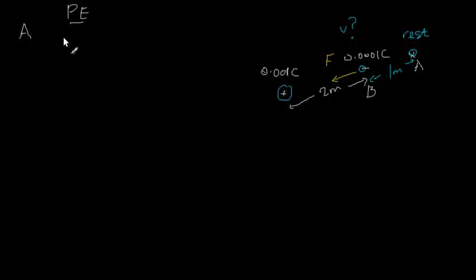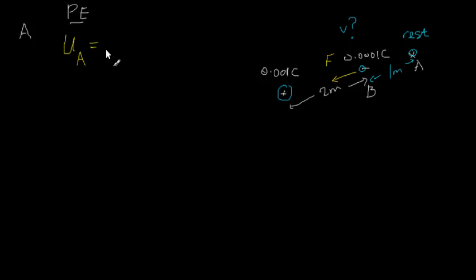And I'm going to use the symbol U to represent potential energy, and for the value at the point A, I'm going to use a subscript A to remind myself that this is the potential energy at A.